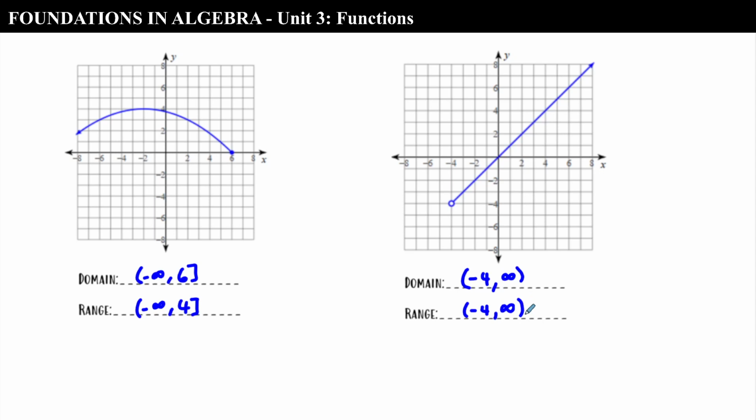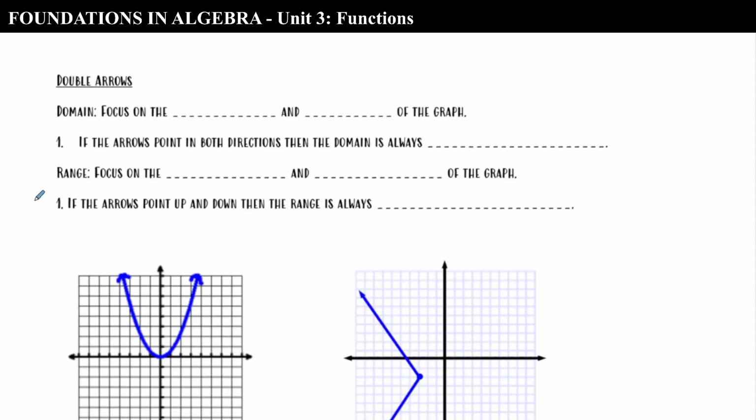And then finally, for the last set of examples, we're going to talk about what happens if we have double arrows. Well, you want to focus on the left and right of the graph, okay? So you're going to focus on the left and the right of the graph.